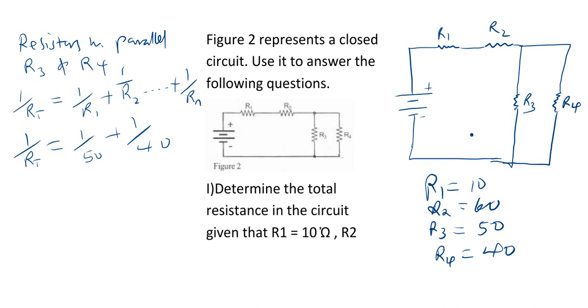When you add these two, you'll get 9 over 200. To get RT, you take the reciprocal of 1 over RT, which equals 200 over 9. When you divide this, you'll get 22.22 ohms, to 2 decimal places.